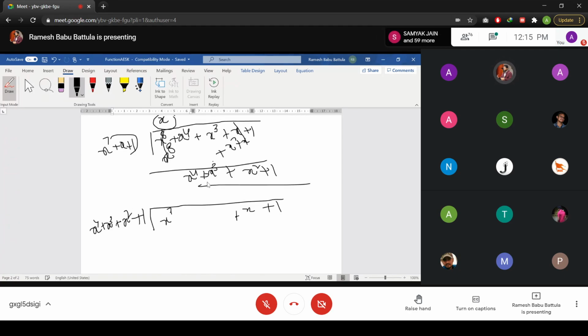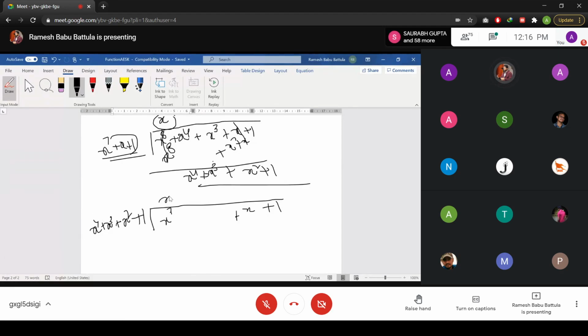The same value. And the previous numerator value is going to be my denominator.